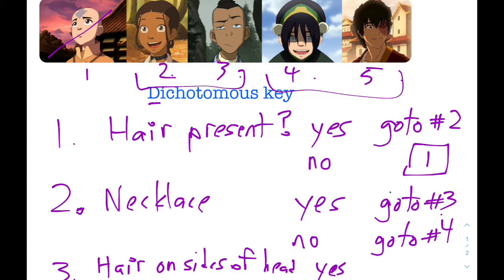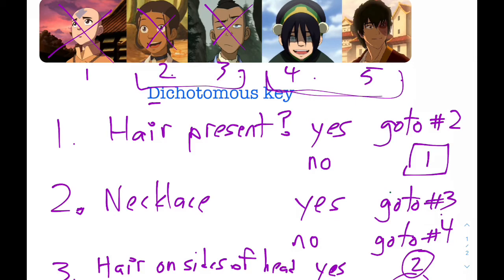So the one that does have hair on the sides of the head, that's number 2. And the one that does not, that's number 3. So that means number 2 and number 3 have also been described, they've been named.